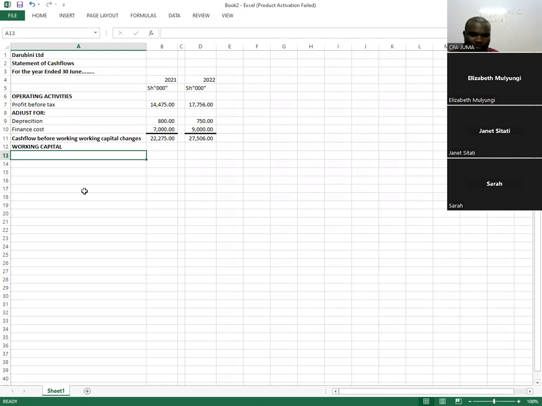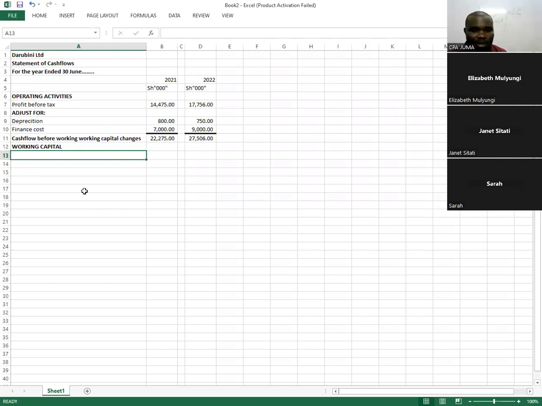Receivables the same, 45 to 8, increase, 8 to 15, increase. Payables are down there under current liabilities. Payables was 3, it went to 6, it went to 7. So all the working capital elements were increased.